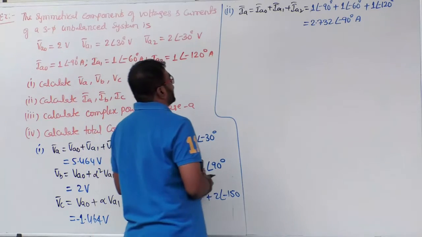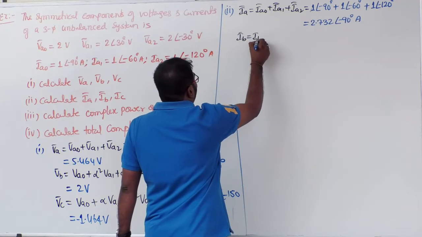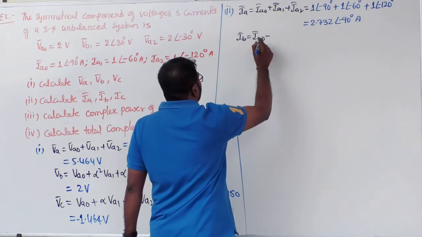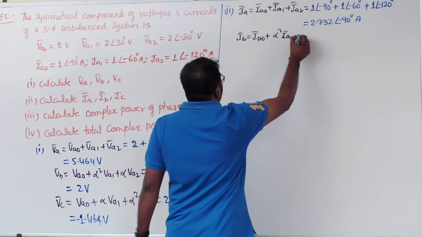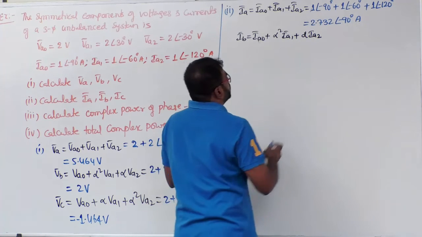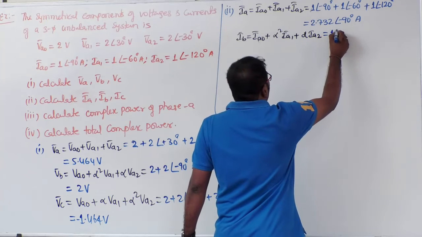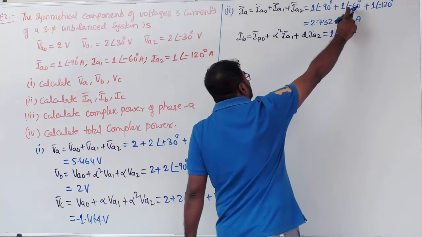Now similarly we can calculate IB. So directly I am writing the formula. IB is IA0 plus alpha square IA1 plus alpha times IA2. If I substitute, 1 at an angle minus 90 is IA0, plus alpha square times IA1.